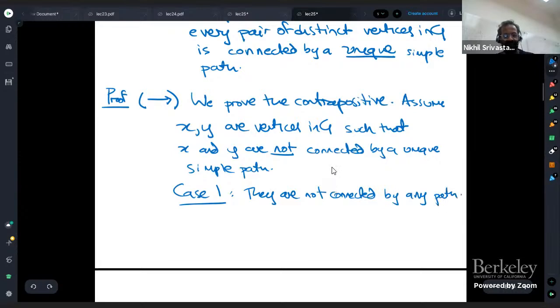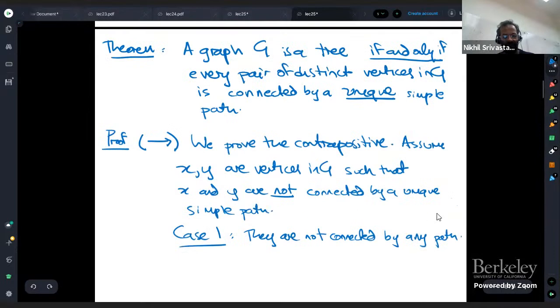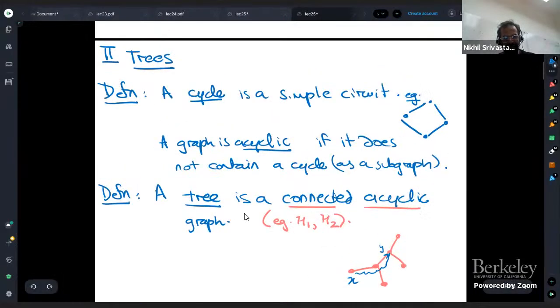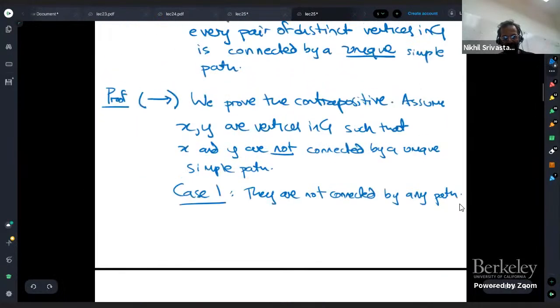Well, in this case, I claim we're done. Why? G isn't connected, right? So a tree has to be connected. So then G is not connected, and so it's not a tree.